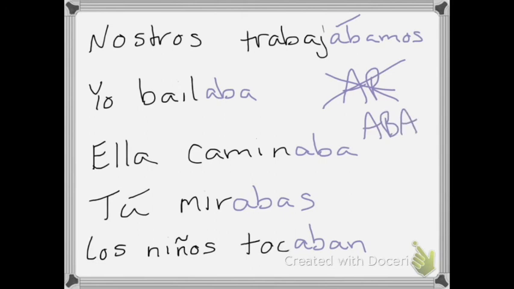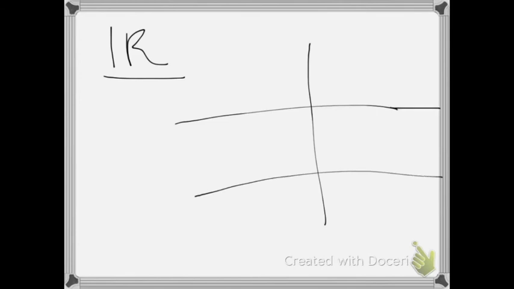So I said we were going to talk about one irregular today, and we're going to talk about this irregular because it kind of follows the AR verb endings. Okay, so it is irregular. Let's make our chart. Now we don't really have much to chop here. If I were to take off the ending, I'd be taking off the I and the R. So we keep the I and have pretty much the same endings as an AR verb.